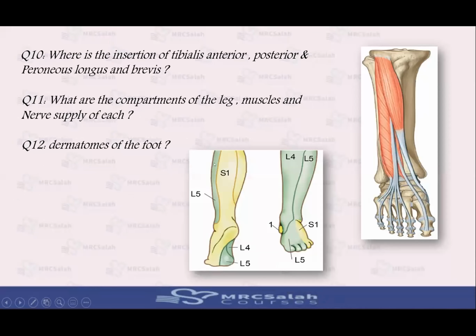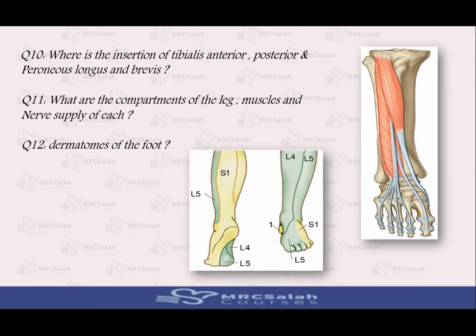Okay. Next question, Dr. Rami. Can you tell me the insertion of the anterior and posterior tibialis and peroneus longus and brevis? So tibialis anterior, I think, is the first metatarsal and navicular.